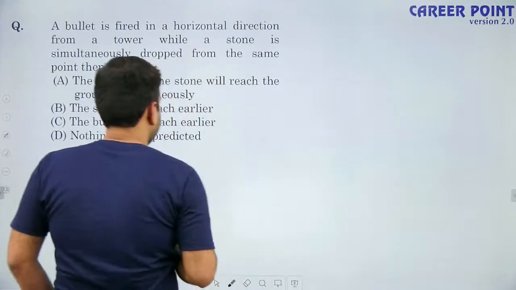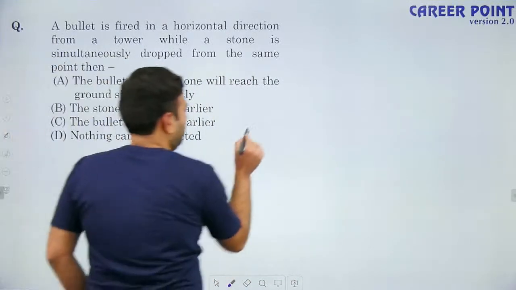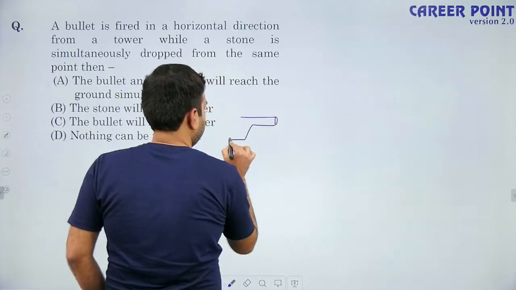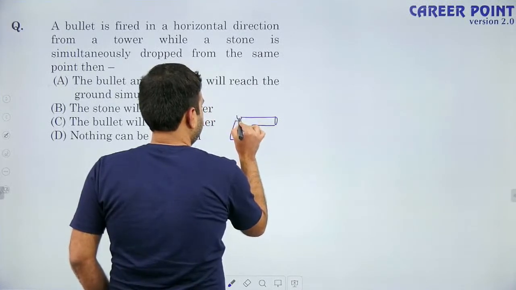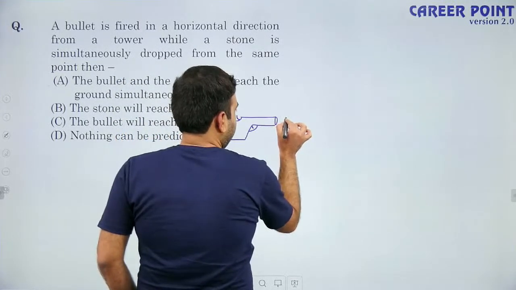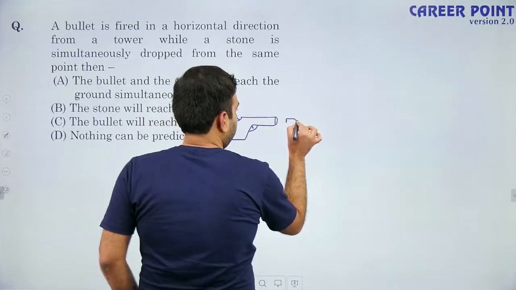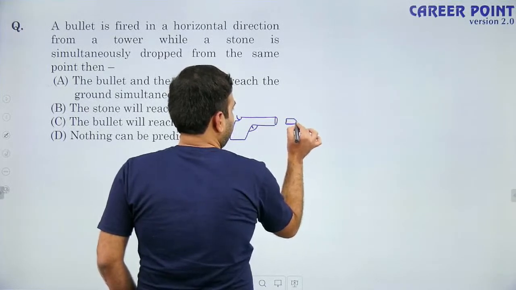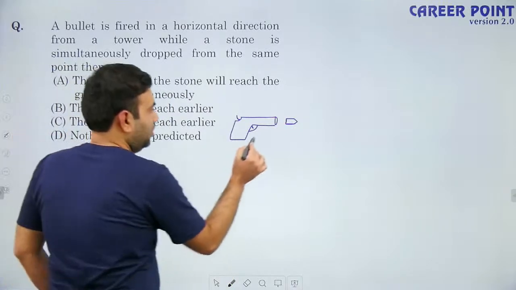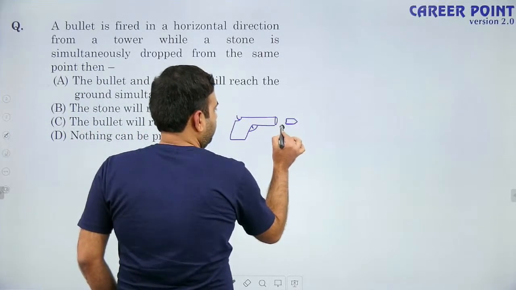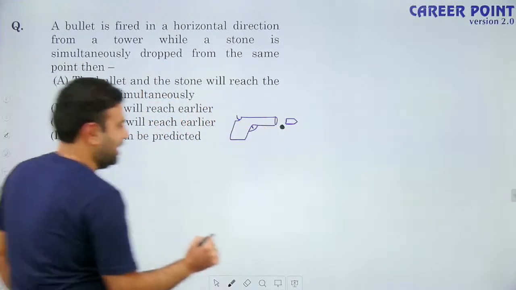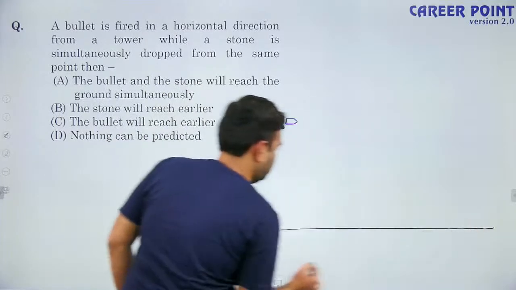See, we have this gun, and at the time when the bullet is projected, at the same time a stone is dropped from the same height. Suppose that this is the ground.